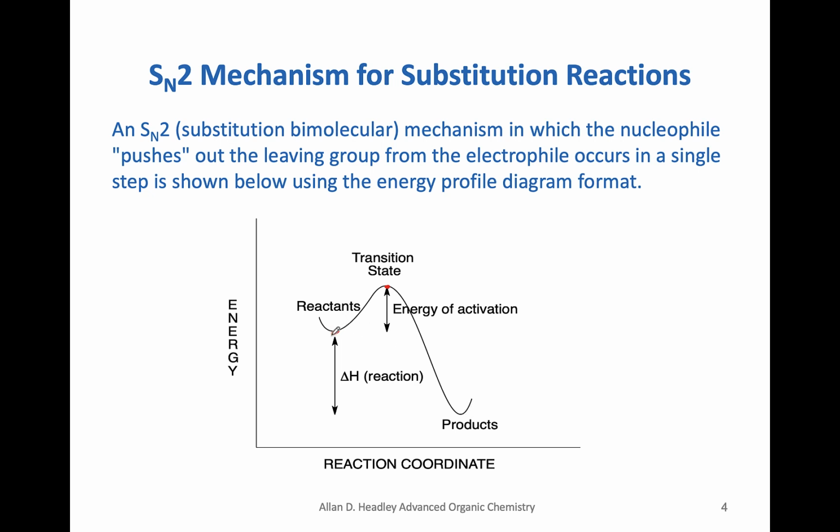You may recall that this gap here is the energy of activation, which relates to the rate of the reaction. Since this is a one-step reaction, also known as a concerted reaction, there are no intermediates, as we have seen before. There are no carbocations. It's just a transition state here and products.